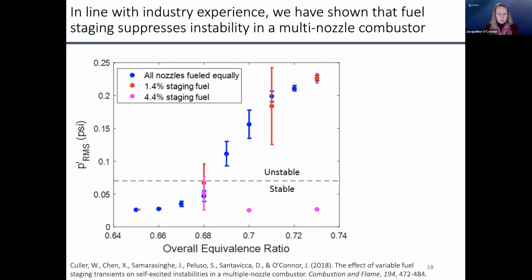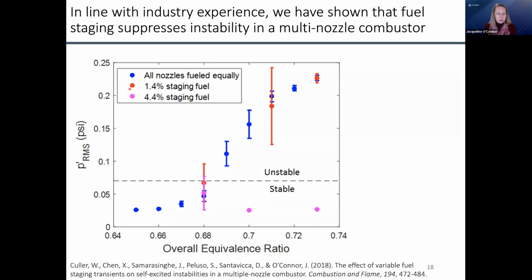And so if we fuel all nozzles equally, so those are the blue dots, as you increase the equivalence ratio, at an equivalence ratio of about 0.7, this thing really starts to scream. Like I said, by the time you get up here to 0.7, 0.71, it's about 115 decibels in the room. It's extremely unpleasant. My colleagues really hate when we run this experiment because you can hear it through the entire building. We have to run at night so that people don't get mad at us.